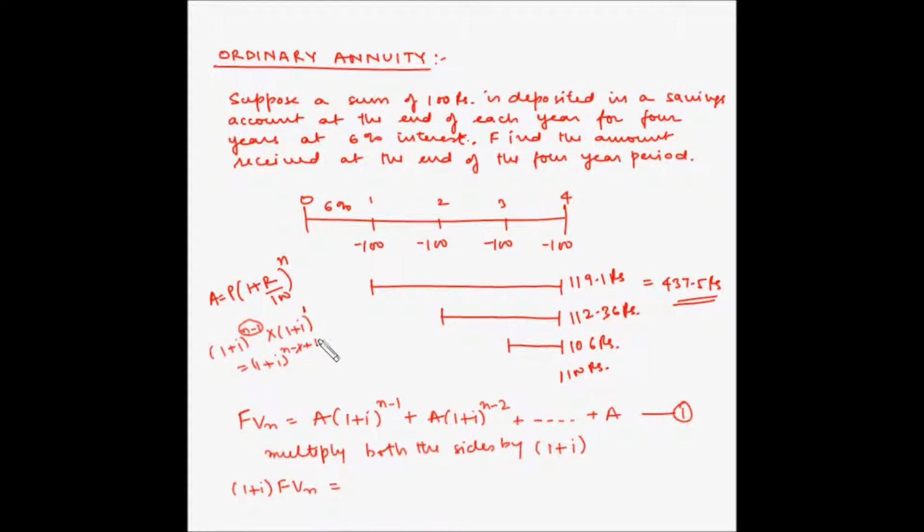So then minus 1 plus 1 gets cancelled, so this becomes 1 plus I to the power n.